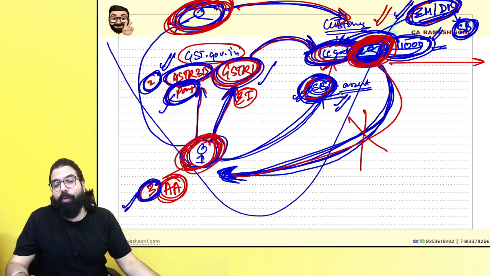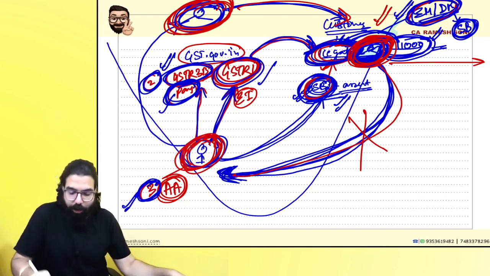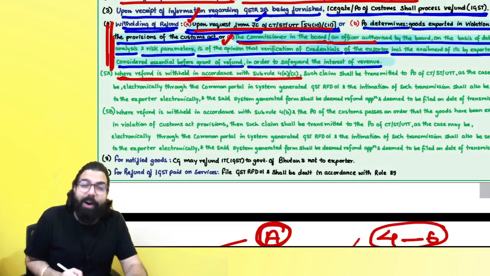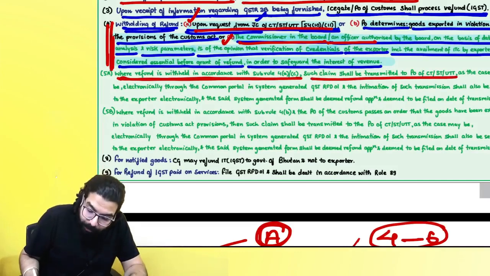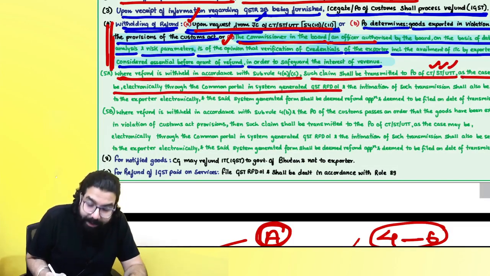As of now, we want to check the risk profile of this person, whether this guy is a risky kind of exporter or not, etc. When the refund is withheld in accordance with 4A or 4C, such claim shall be transmitted to the proper officer of CGST, SGST, UTGST, as the case may be, electronically through the common portal in system generated form.